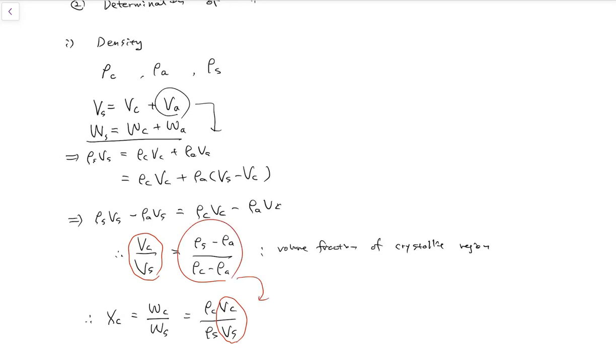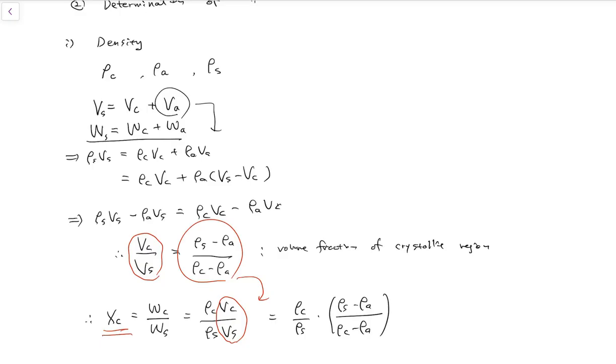So if you put this in here, what you get is rho C over rho S times the volume fraction. So if you know the density of the sample, the density of the crystalline region, and the density of the amorphous region, then you can determine the degree of crystallinity.